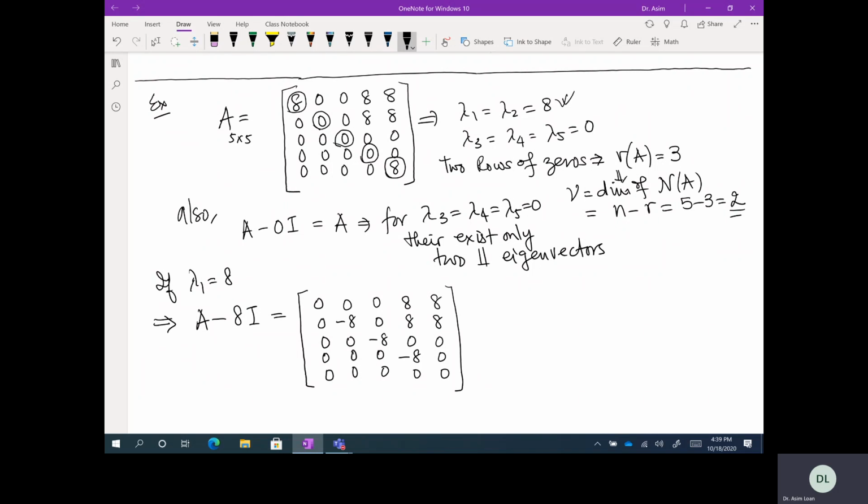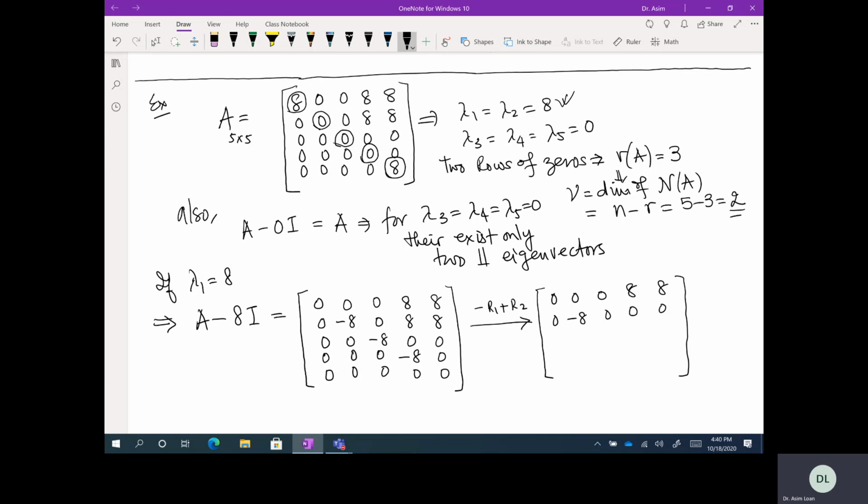Okay. So let me find the rank of this one. I do minus row 1 plus row 2. If I do that, I can get rid of these two. So this will be 0, 0, 0, 8, 8, 0, minus 8, 0, 0, 0.